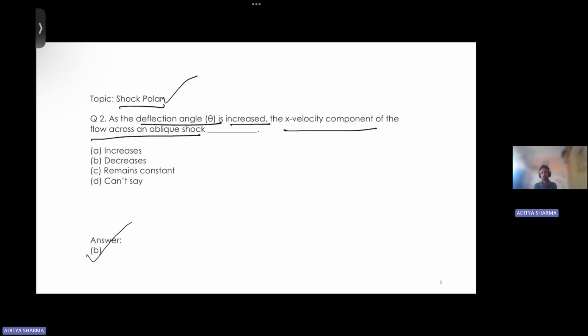Okay, so this question was based on shock polar only. The previous question was also on shock polar. We have a few more questions on shock polar because it's an important topic from this course's perspective and from this week's content perspective also.